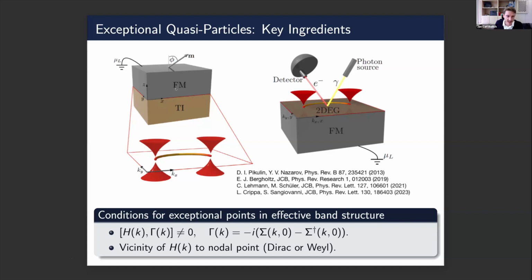A second thing that you can see at this very general level: intuitively, if you think about Hermitian systems, you would think if I add a magnetic perturbation to this time-reversal-symmetry-protected topological insulator, then I would actually gap out the surface states. I would destroy them because I'm violating the protecting time-reversal symmetry.